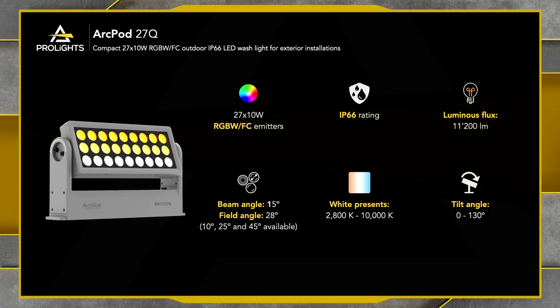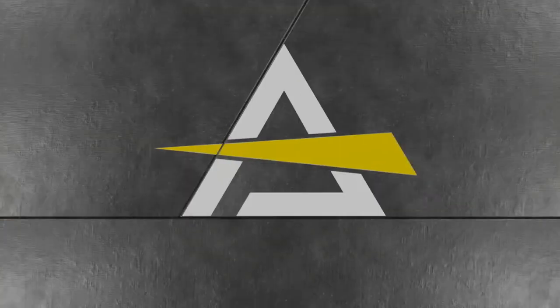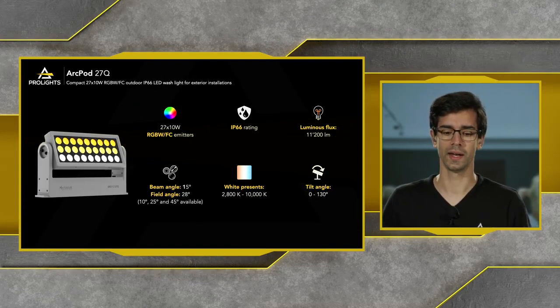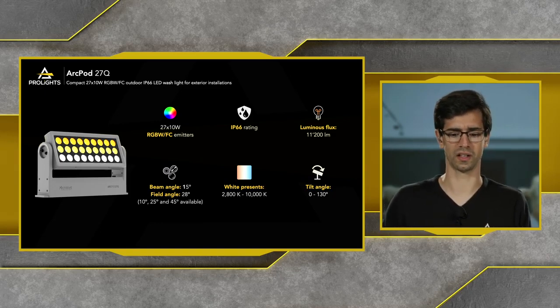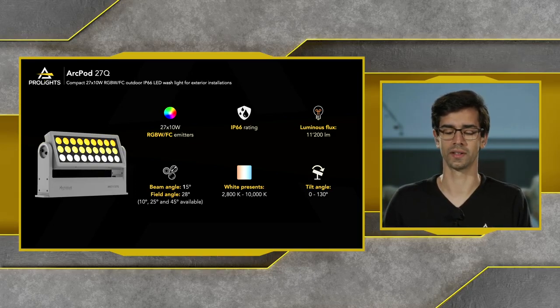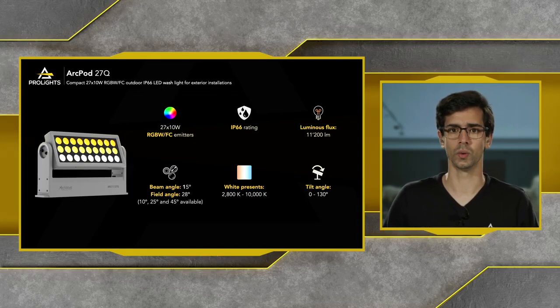The beam angle is very similar, so from a 15 degree beam angle with a field angle of 28 degrees, again with the accessories available of 10 degree, 25 degree, and 45 degree optics as well. Same wide presets from 2,800 Kelvin upwards of 10,000 Kelvin, with the tilt angle from 0 to 130 degrees. So this is a larger unit compared with the 15Q for a larger spread, so a larger building, parks, for example, and urban environments, as it were.